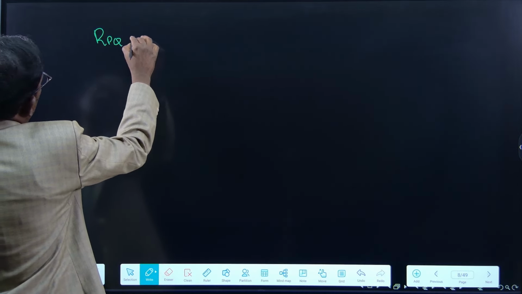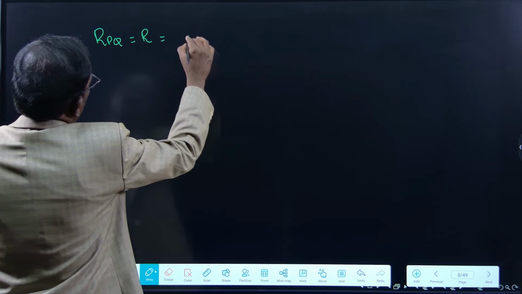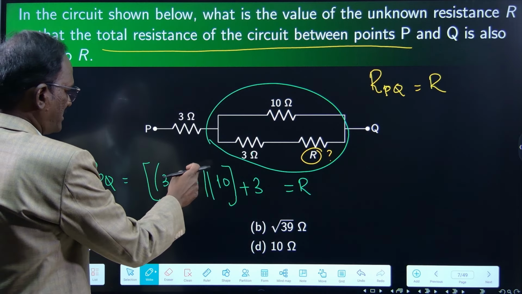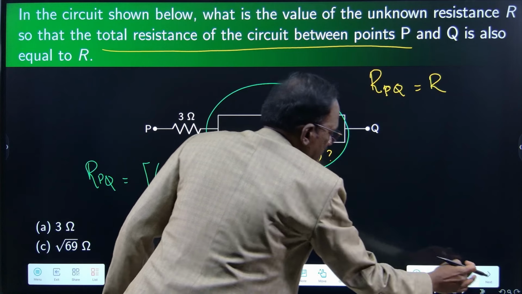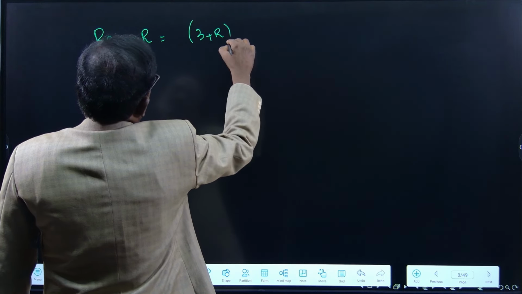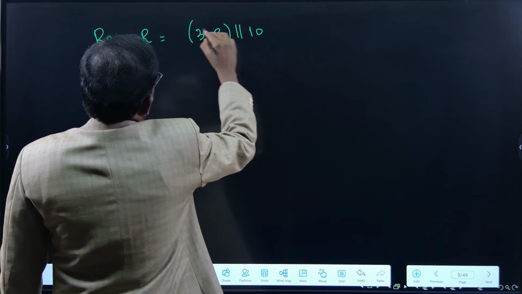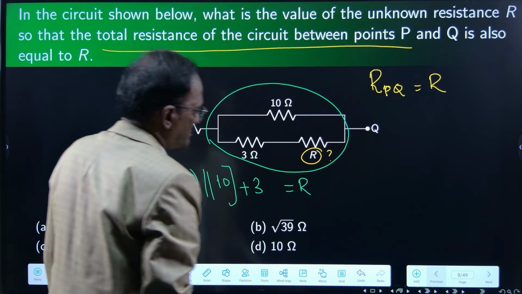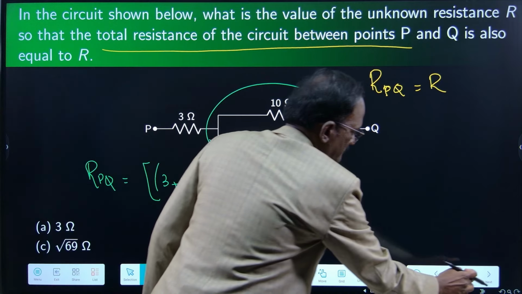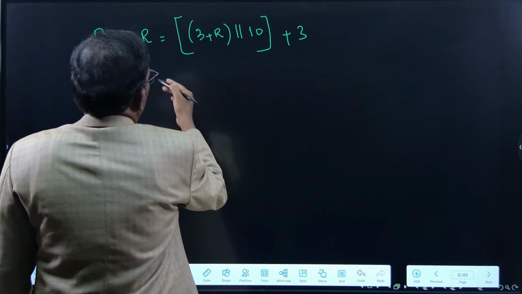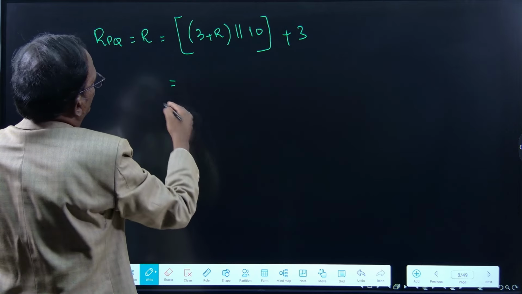R PQ is equal to R is equal to 3 plus R in parallel with 10. Then this combination is coming in series with another 3. This is again R, left hand side.